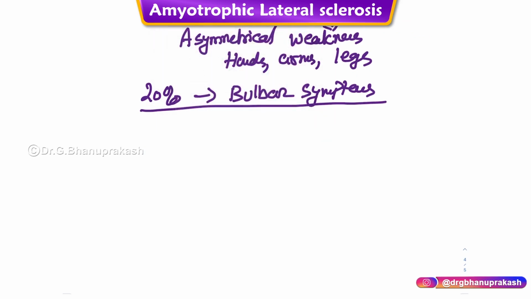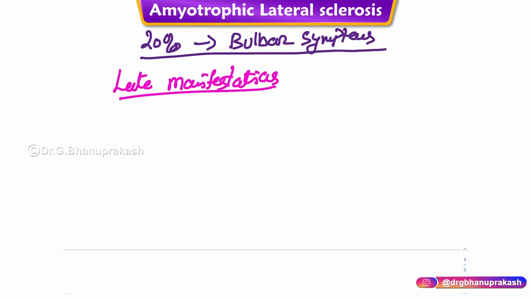Let us talk about the late manifestations. Remember that regardless of the initial presenting symptoms, the disease will progress, and both upper motor neuron and lower motor neuron deficits will be present.